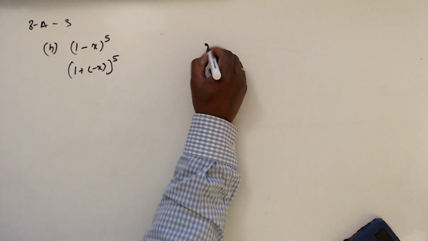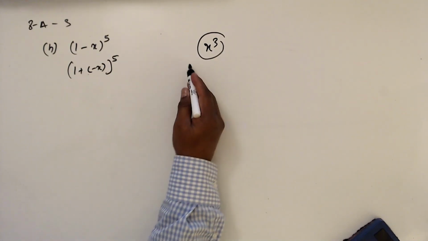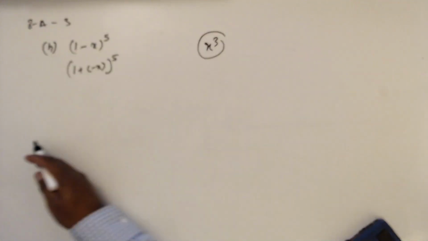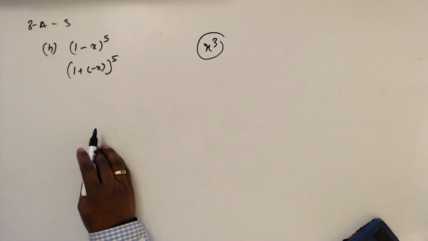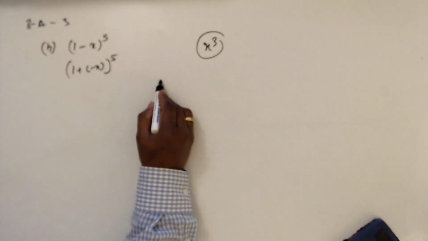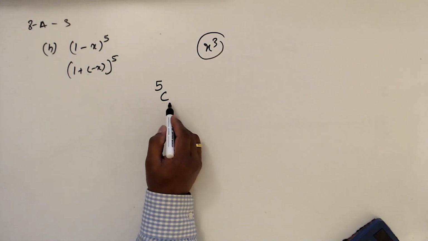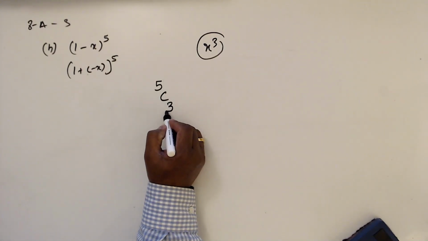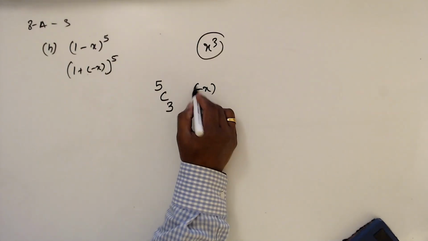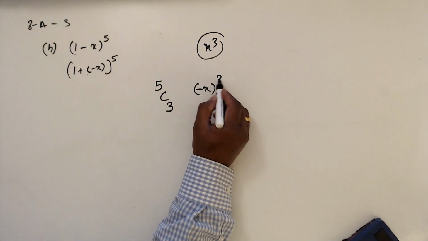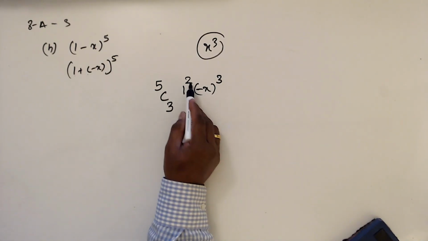I need the coefficient of x cube, so I write only the x cube term. We start with 5C3, because we need the third term, and minus x cubed. And 1 squared, the addition is 5.